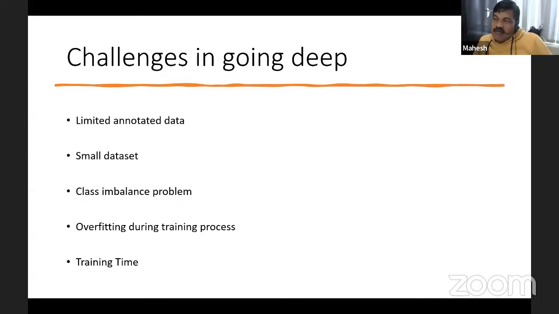So in your database, let us assume that you have 50 images of COVID and 10 images of healthy. Such a situation is called class imbalance. For training, we require an equal number of images: 50 of COVID and 50 of healthy persons. So how to handle that problem is also one of the questions.